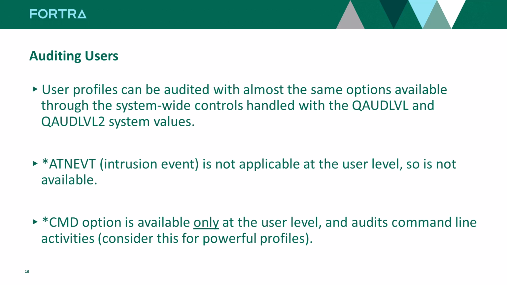The intrusion event attribute is only applicable at the system level, and the *CMD option is only available at the user profile level and will log all commands run by a user profile either on the command line directly or from within a program that's being run.